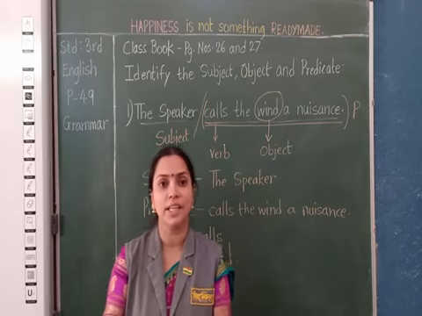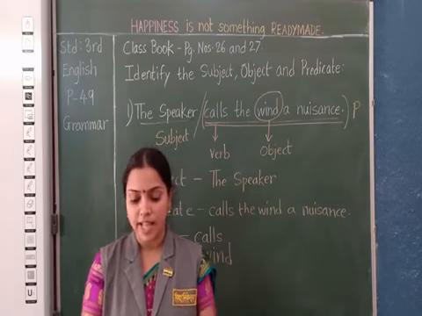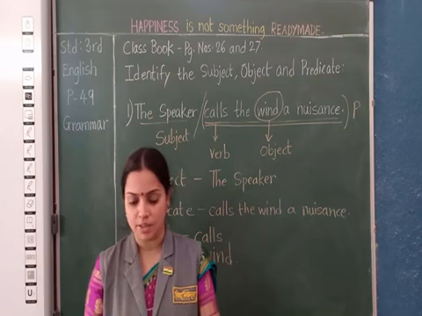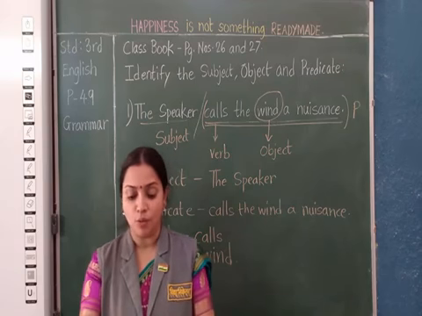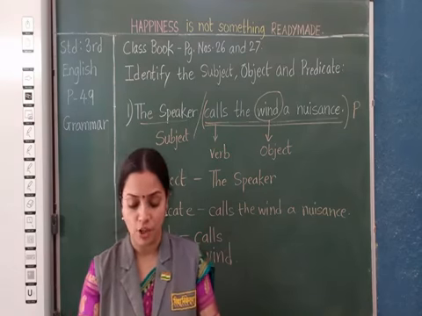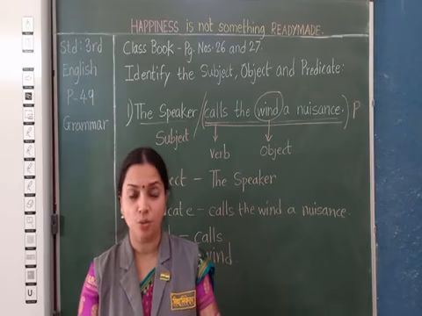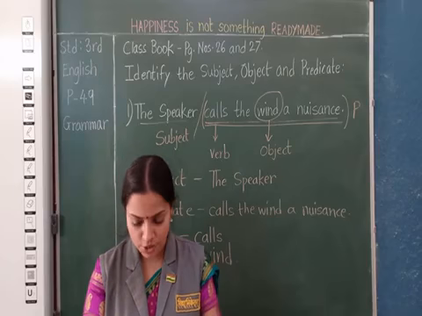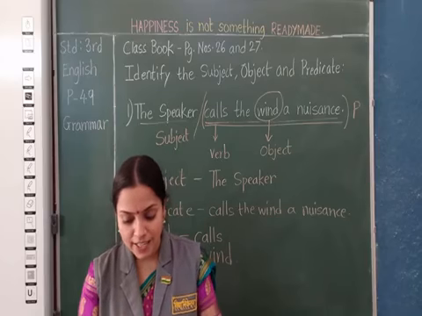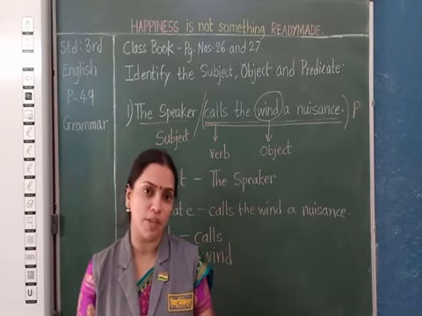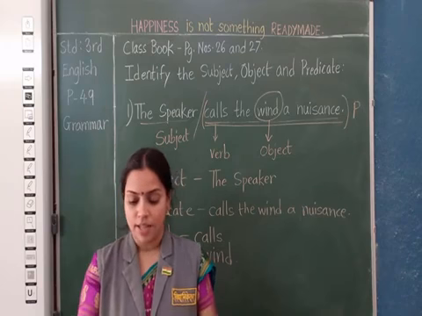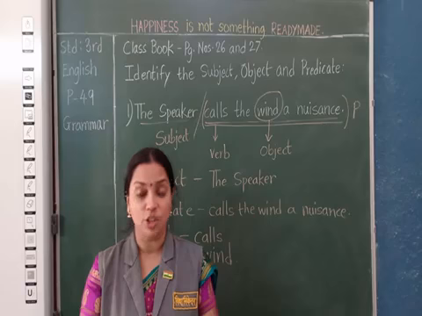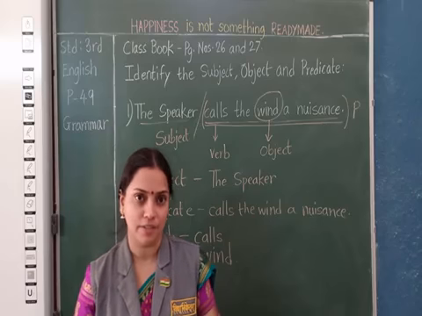But for the time being, let us understand here helps to fly is the verb in our sentence. Okay. And what is the sentence about? We are talking about the wind. Who is the doer of the action? Wind. So, wind is our subject. Helps to fly the kite. This whole thing is our predicate. Helps to fly is verb and the object is the kite.